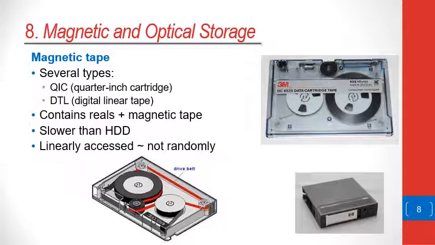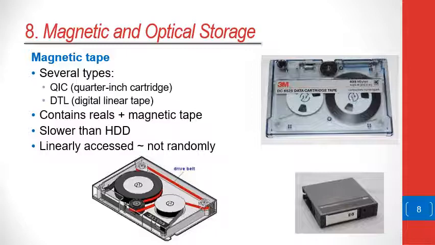Another old type of storage is called magnetic tapes. They used to be prevalent, however these days they are not so common, but for completeness they are also included in the reference literature. There are several types of magnetic tapes, but we'll discuss two types, the QIC and the DLT.